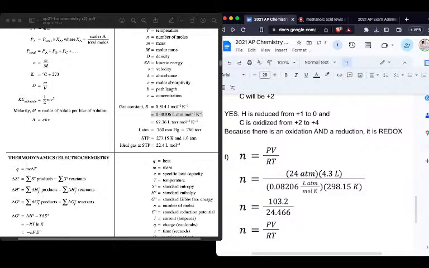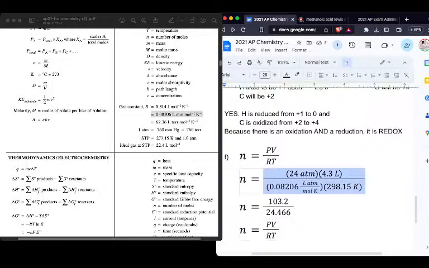Here in Canada, I have so many kids who do 24 times 4.3 divided by 0.08206 times 298. But on your calculator, it's going to divide by just this number, and then it's going to multiply the result by 298, and you're going to get an absolutely huge number. It's going to be 40,000 times bigger than you need.